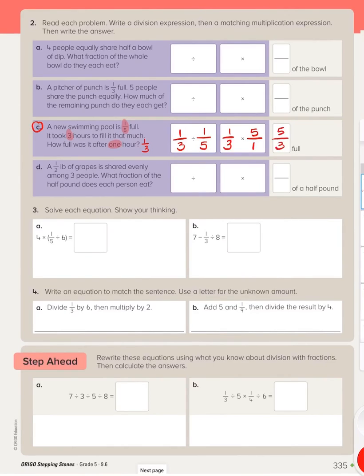That's even worse. A swimming pool is 1/5 full. It took 3 hours to fill it that much. How much full? I'm going to do this with a picture because I'm losing my mind. Okay, the swimming pool is 1/5 full. 1, 2, 3, 4. This is 1/5, right? Okay, 1/5 full.